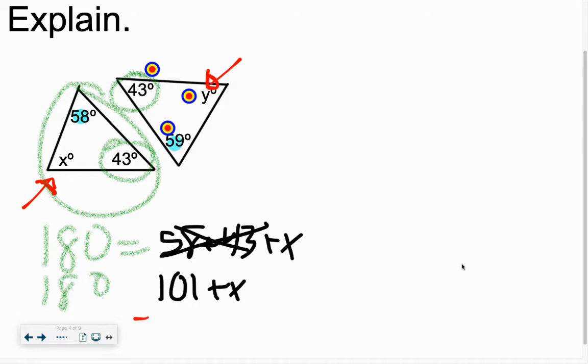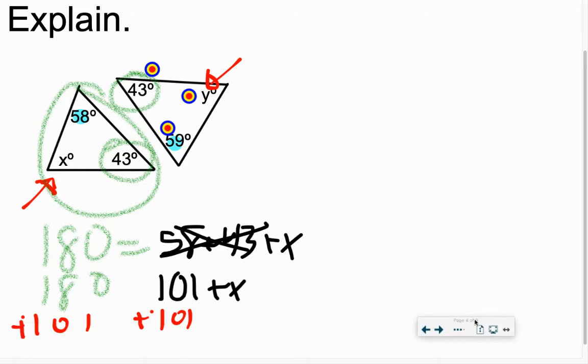Solve that by adding a negative 101, careful with the mental math, careful with the calculator and the signs. That gets us X equals 79.